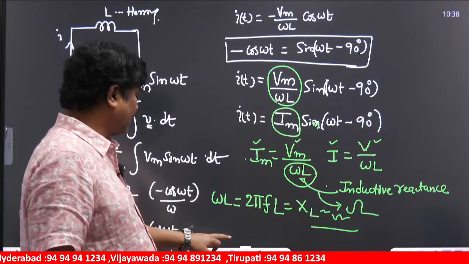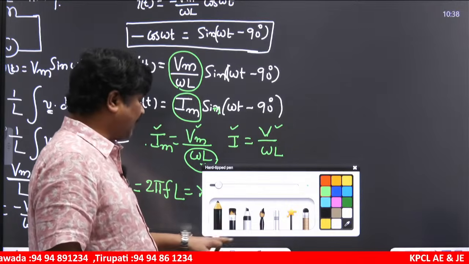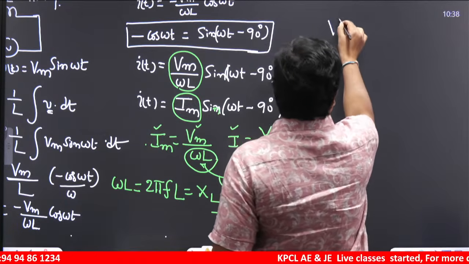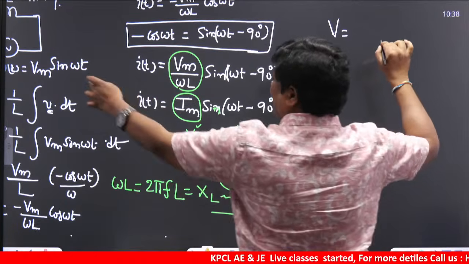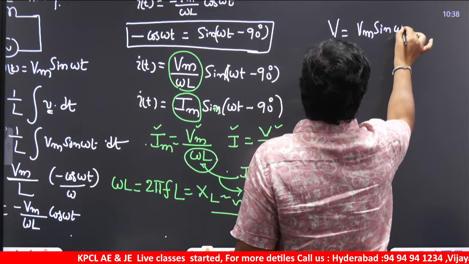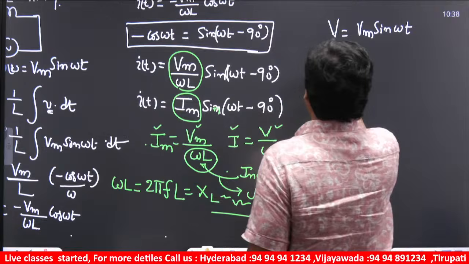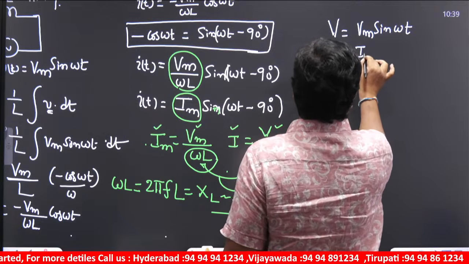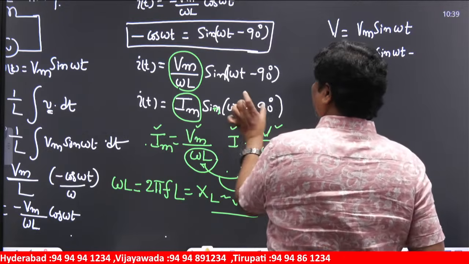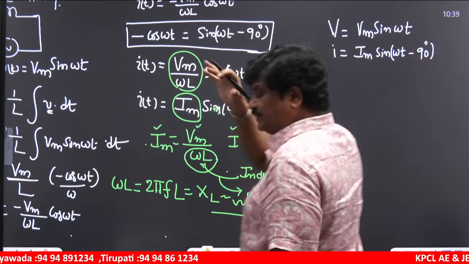Now, coming to here, the voltage V is equal to Vm sin omega t, and the current I is equal to Im sin of omega t minus 90 degrees. Now our actual subject starts from here.